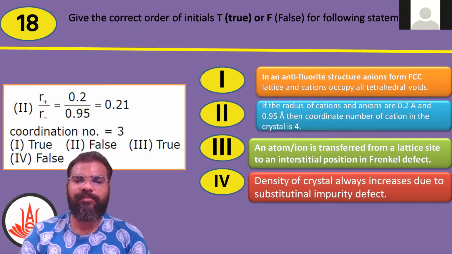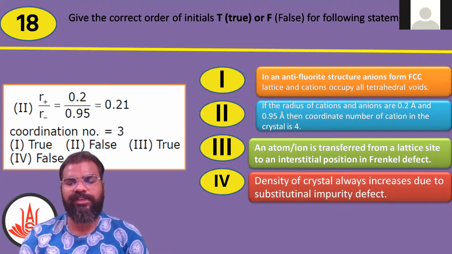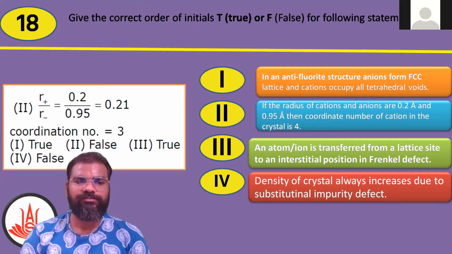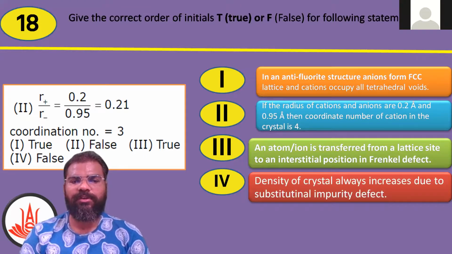Then an atom or ion transferred from the lattice site to the interstitial position in the Frenkel defect, it is correct. ये तो theoretical है पूरा का पूरा. And the last one, density of crystal always increases due to the substitutional impurity defect, it is false. Okay, so here T F T F is the correct option for it.